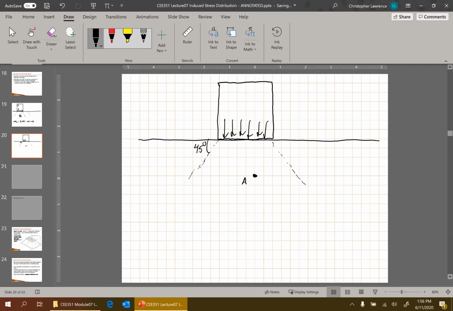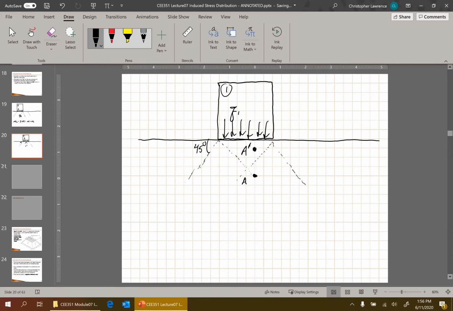next to this structure, structure number one, has a negative influence on point A. But what if we were to consider maybe point A prime?